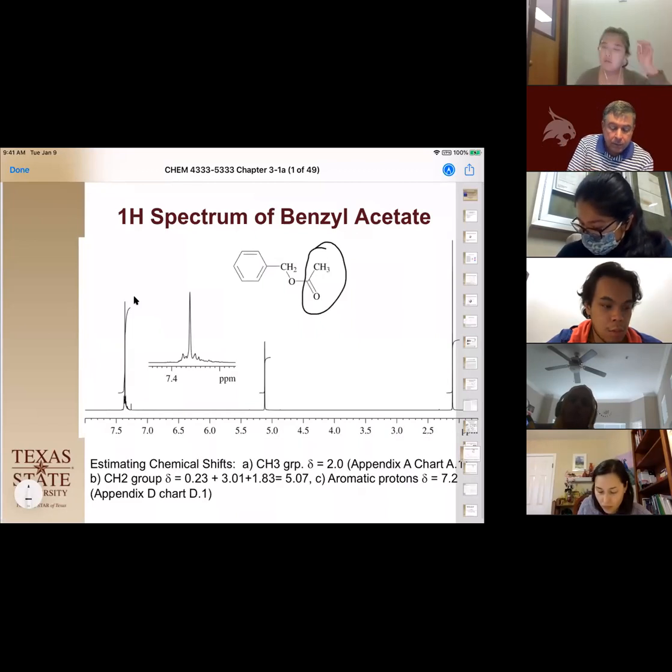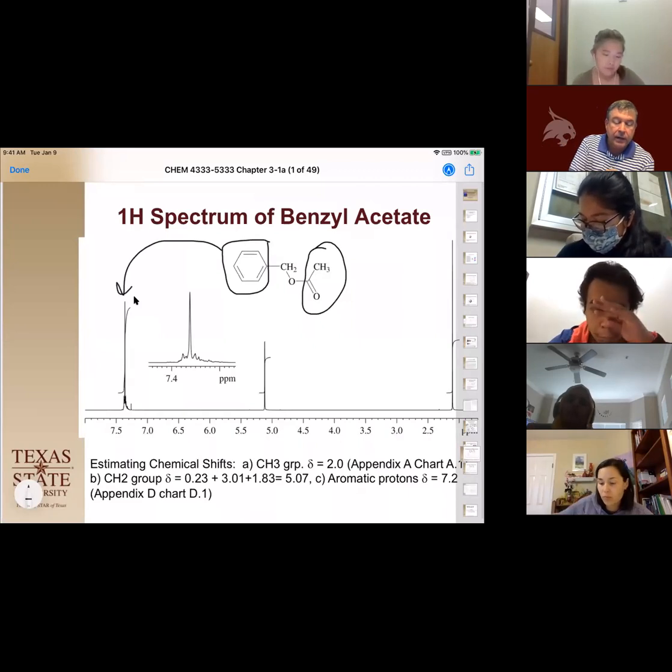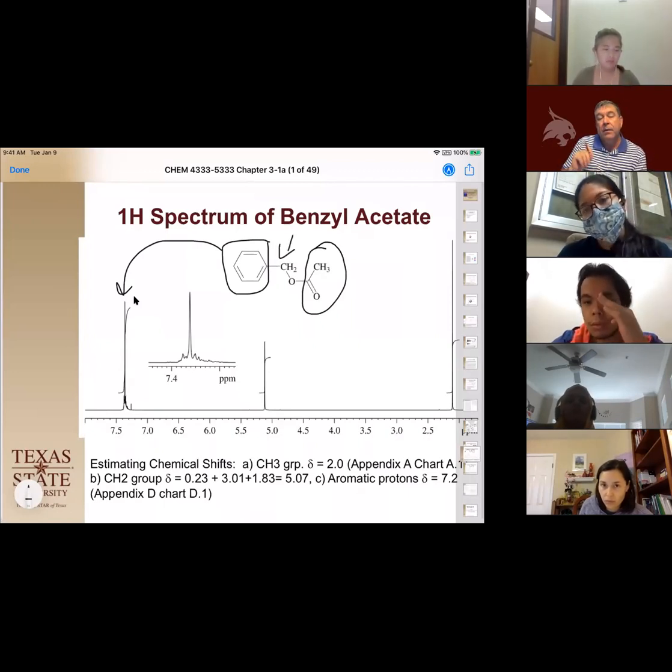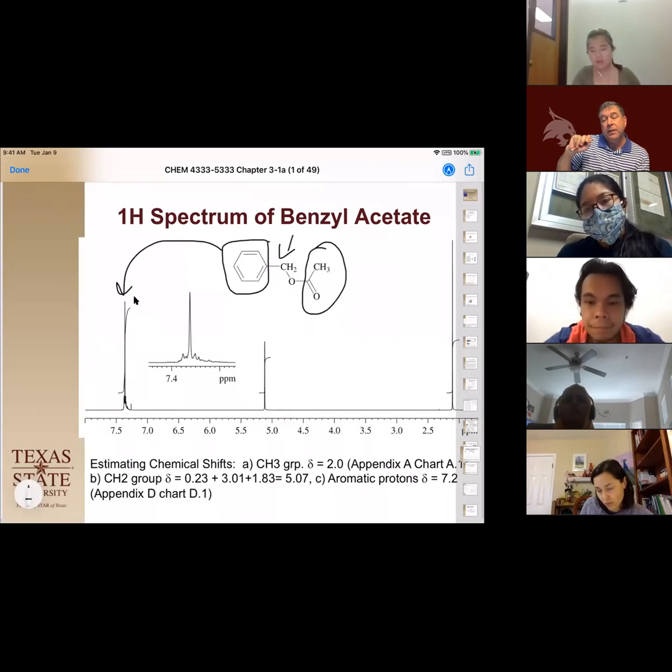Now, the benzene ring here, we can look at the table and say, okay, it's going to be up around 7 to 7.5, depending on what's attached to it. But now we have to look at this one here. Okay, that one there has 2 different groups attached to it. So we can calculate that using our appendix B here.